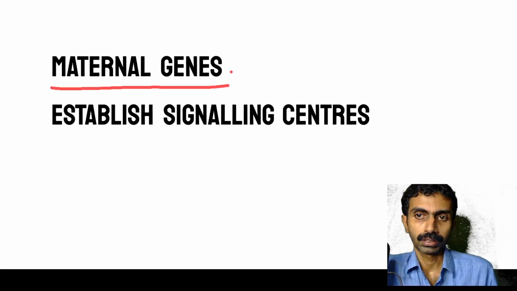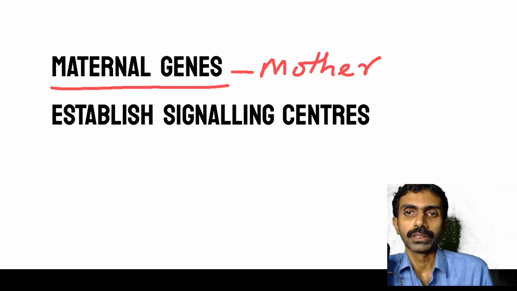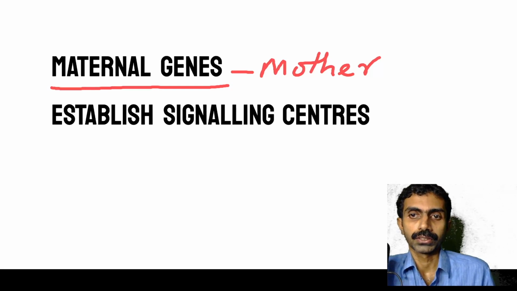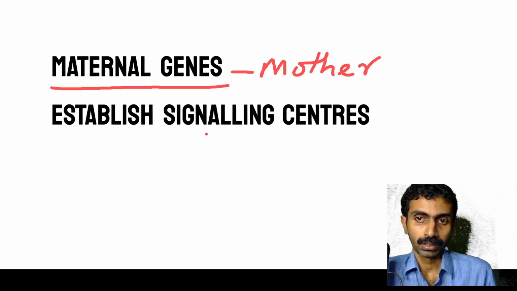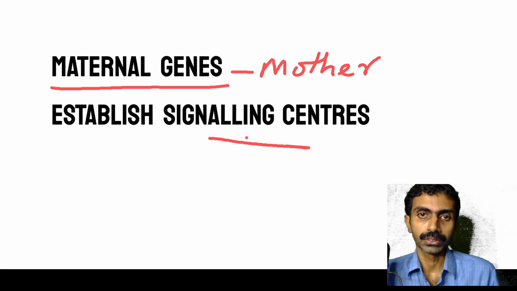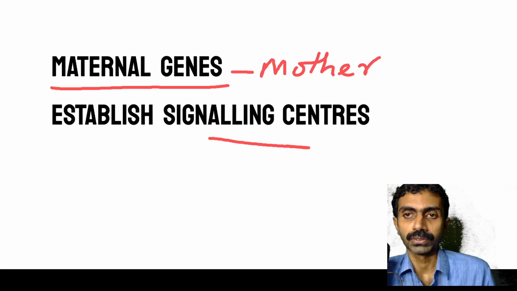Maternal genes are those genes which are inherited from the mother. That means they come through the egg cell. So the egg cell itself is polarized along the anterior-posterior axis. These maternal genes establish some signaling centers which help in the anterior-posterior axis specification.